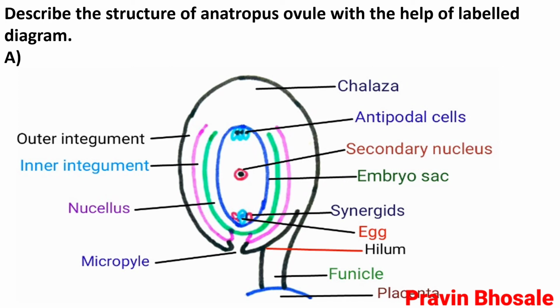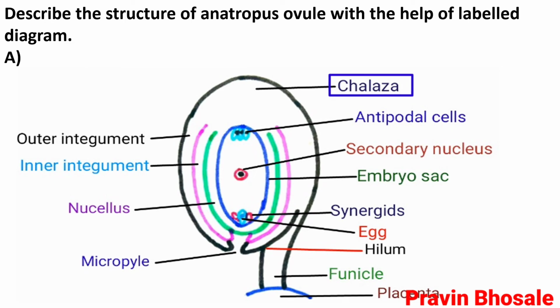Embryo sac is further surrounded by nucellus, that is megasporangium. It is made up of diploid parenchyma cells. Nucellus in turn is surrounded by inner integument and outer integument. This is the micropyle. It's a small opening between the 2 integuments.